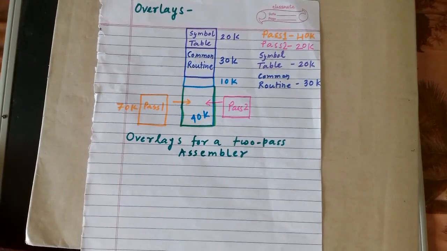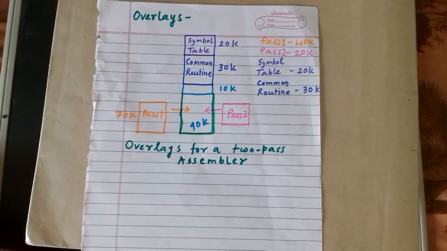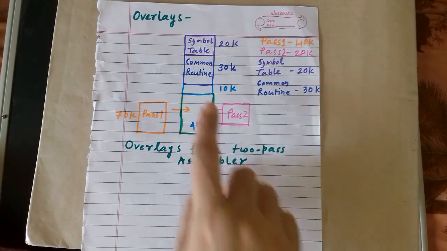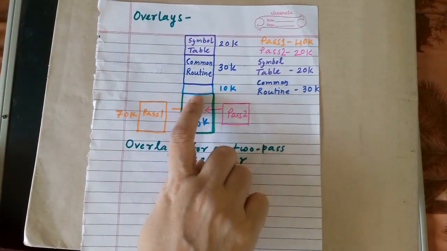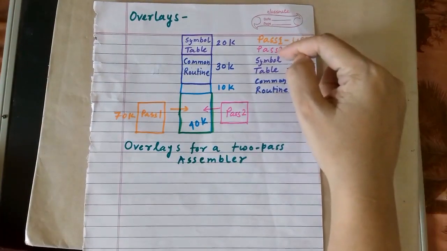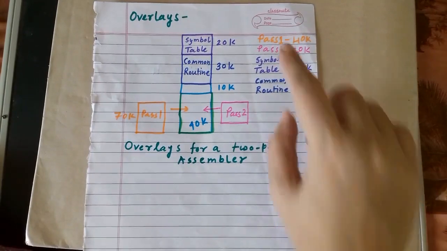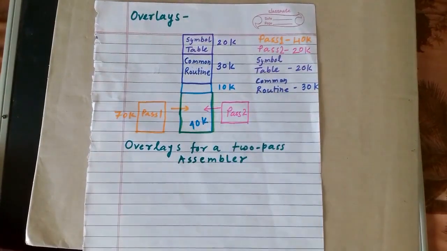As a solution, overlay uses a driver called the overlay driver. The overlay driver doesn't come with the operating system, so we need to install it, and it takes 10k of memory. Pass 1 and pass 2 both need the symbol table and common routine for execution, but the funny thing is pass 1 and pass 2 do not execute together.